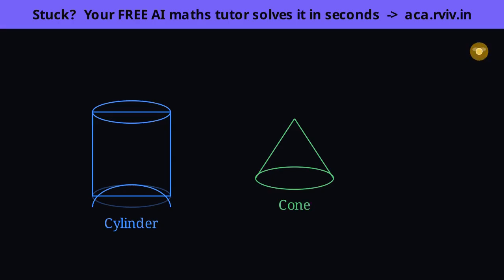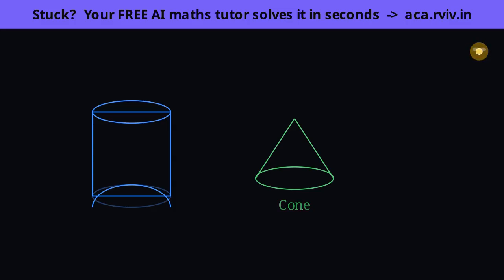Now watch what happens when we slide the cone up and set it down right on top of the cylinder. See how the cone's circular base lands exactly on the cylinder's circular top. Because we gave them the same radius, they match perfectly and snap together into one single combined solid.